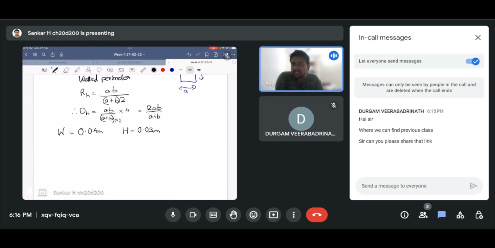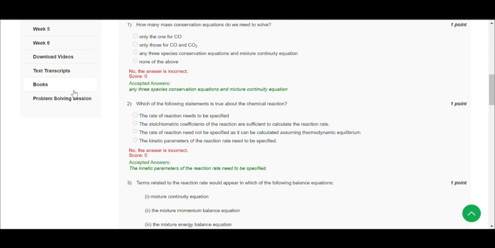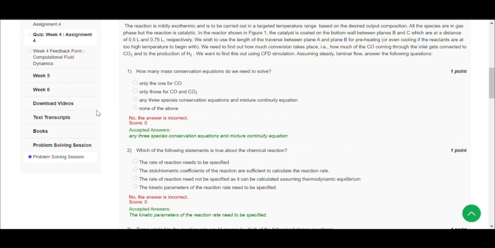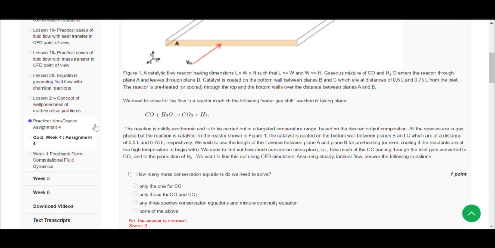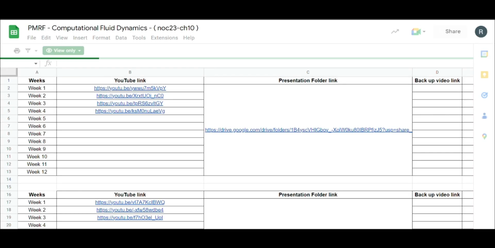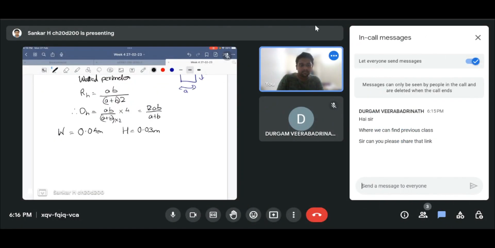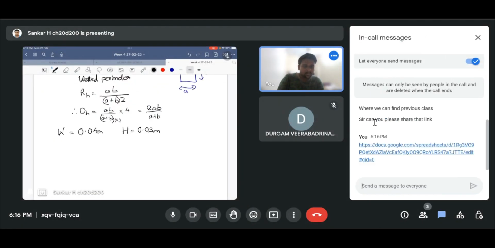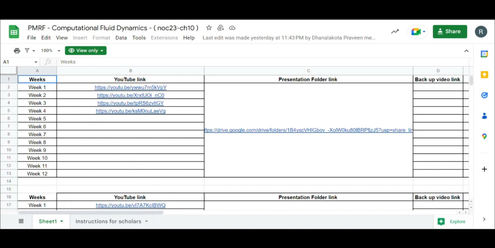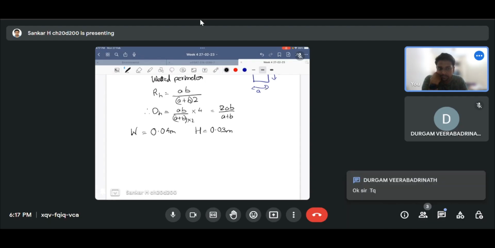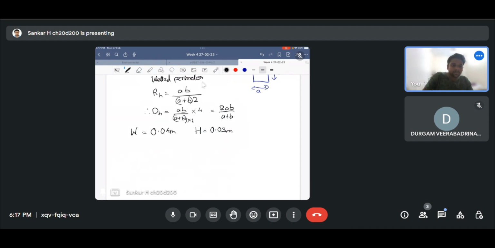It's on the Swayam website. How do I share this to you? Okay, one second, let me see if I can get that for you. It's there in the Swayam website. See if you are able to access this. Yeah, sure.